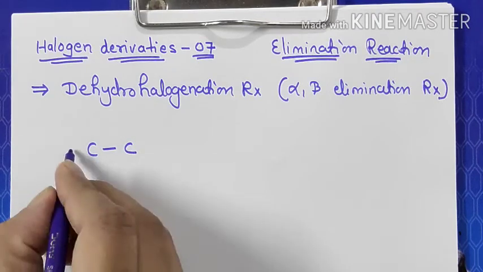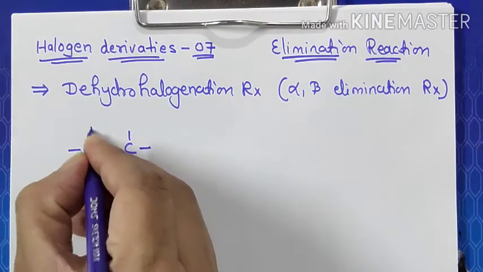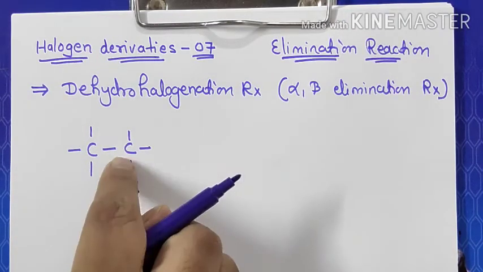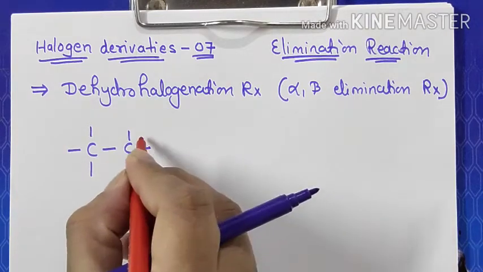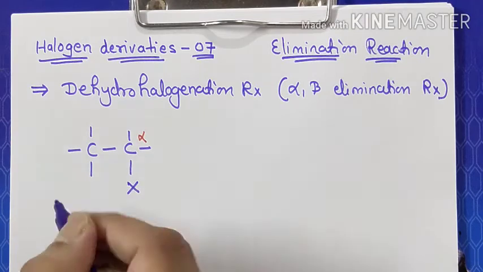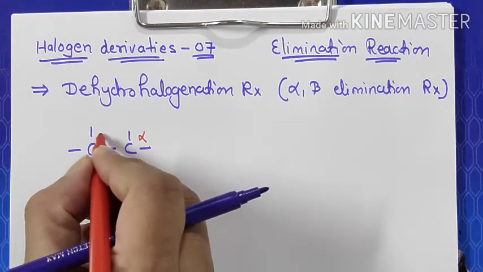Carbon and carbon, right? Suppose halogen is attached to this carbon. If halogen is attached to this carbon, it will be called the alpha carbon, right? And obviously hydrogen will be attached to all this carbon, so this will be the beta carbon.